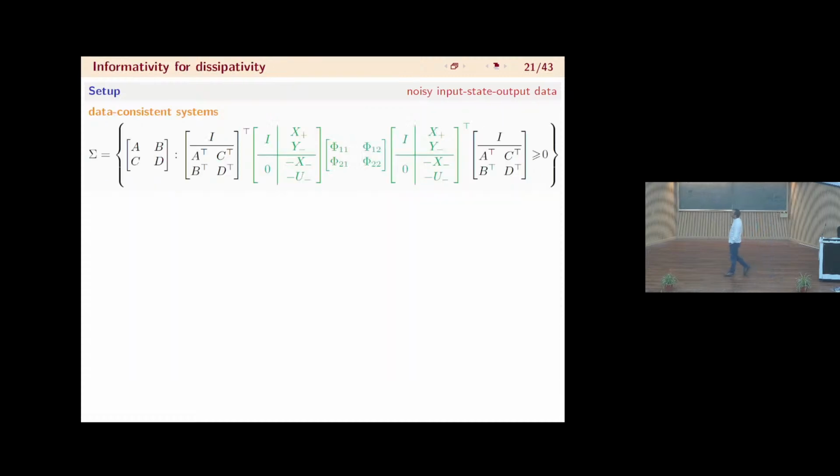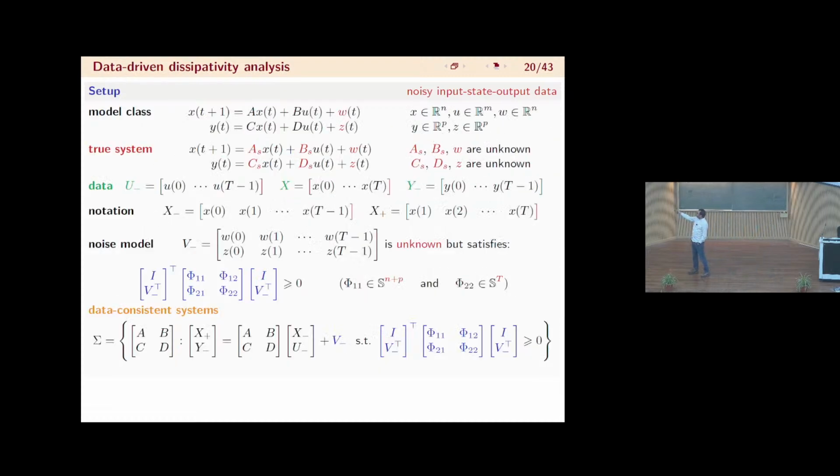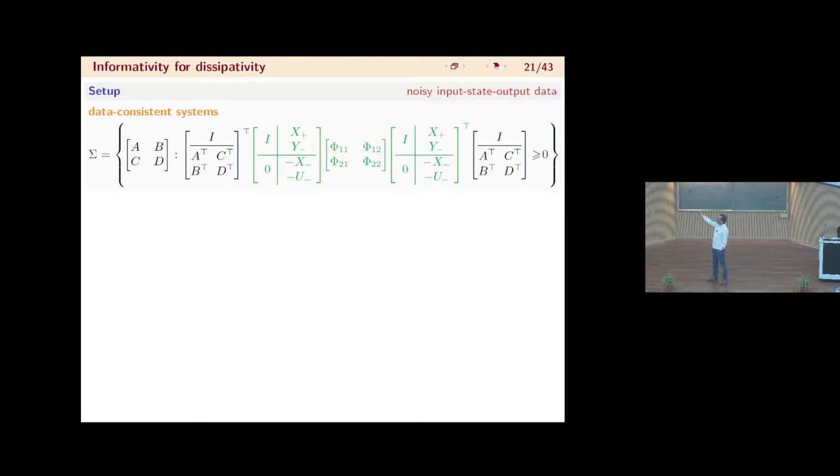As before, of course, I can solve for V minus from this expression and substitute here. That is going to eliminate V minus, and I'm going to end up with a QMI in terms of A, B, C, and D. So this gives me the set of data consistent systems now: all A, B, C, D quadruples that satisfy this green quadratic matrix inequality.